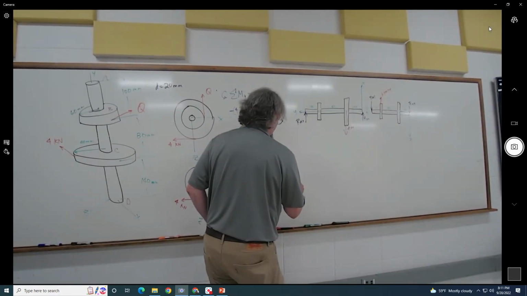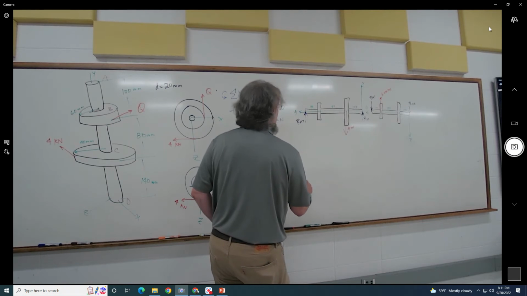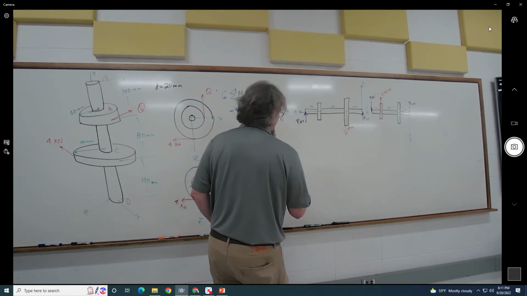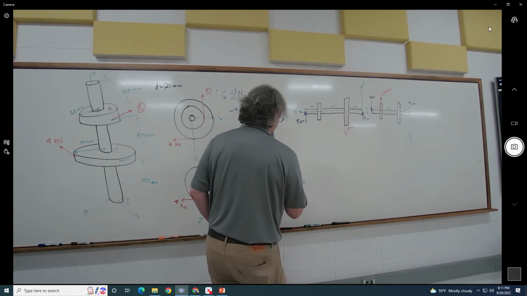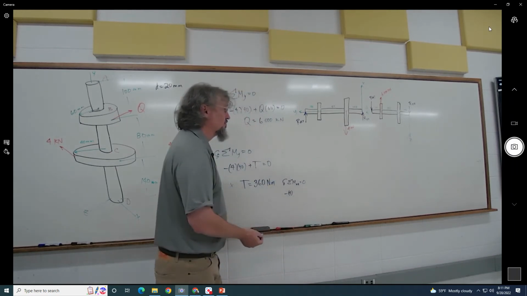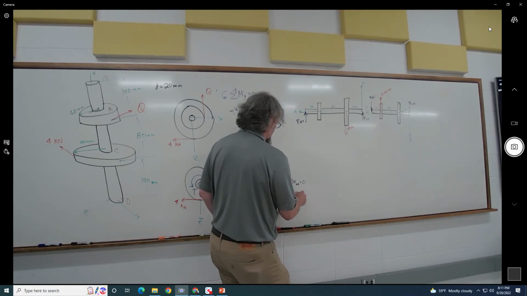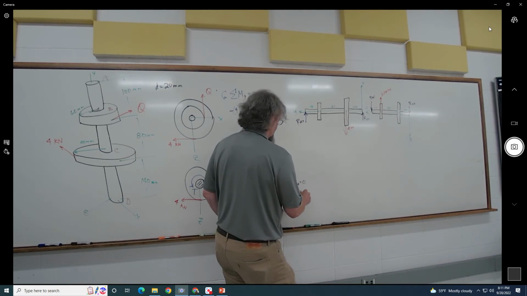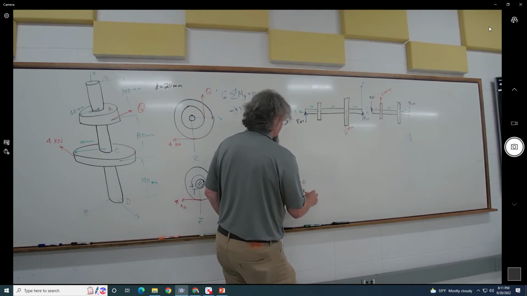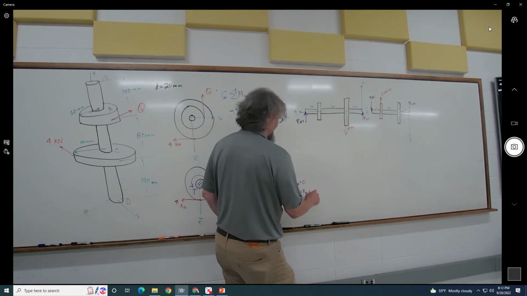I'll take the sum of the moments about A first, technically about the AZ axis. We start with a -4 times 180, in millimeters, so our answer will be in kilonewtons, plus RDX times 220. Is that right?